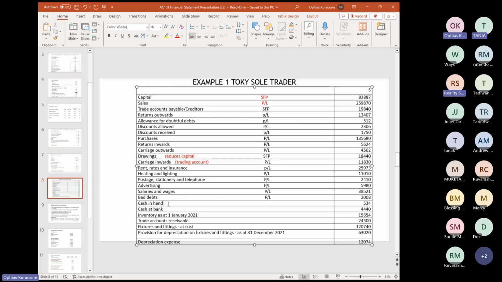Cash in hand: statement of financial position. Cash at bank: statement of financial position.